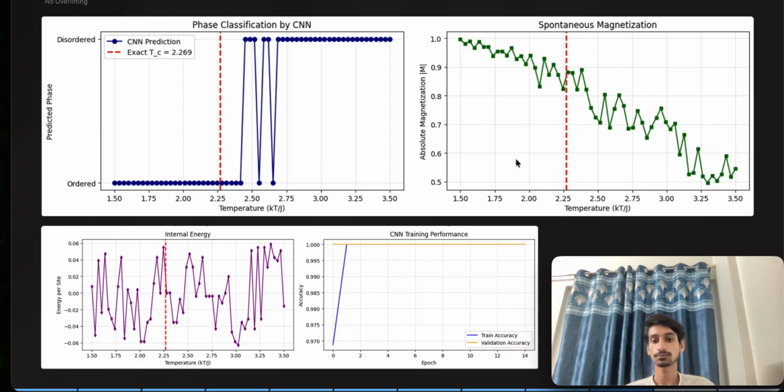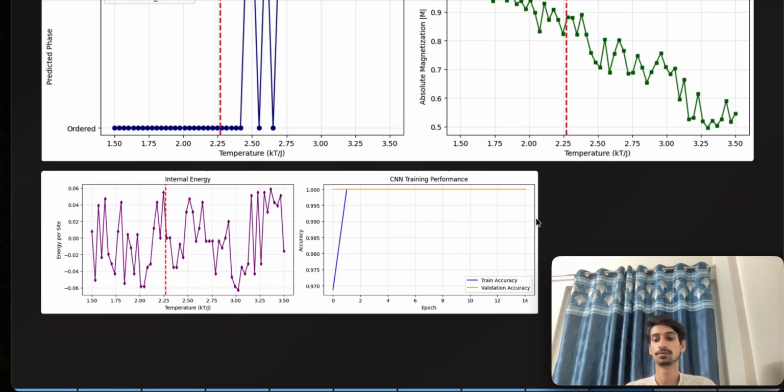Above the critical temperature, which is T greater than 2.27, magnetization drops to 0, which means no net alignment. So thermal chaos wins, order vanishes. So at the critical temperature, there is a smooth drop due to finite size, a classic order parameter in phase transition.